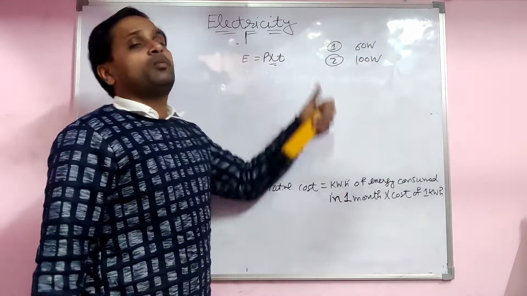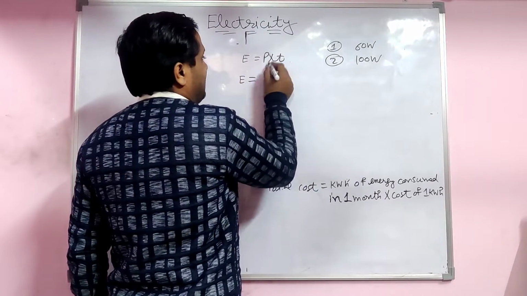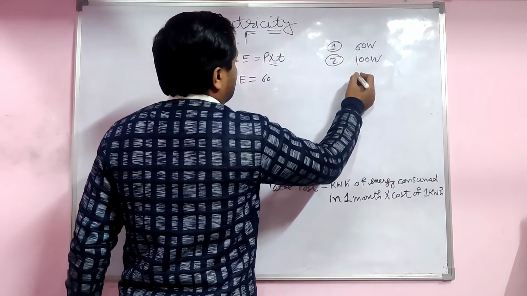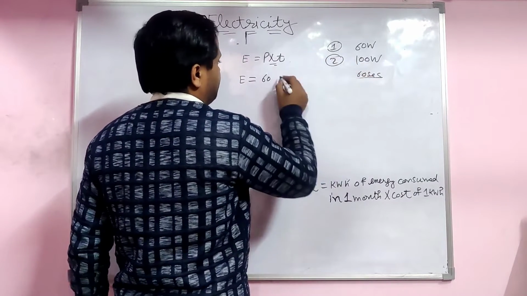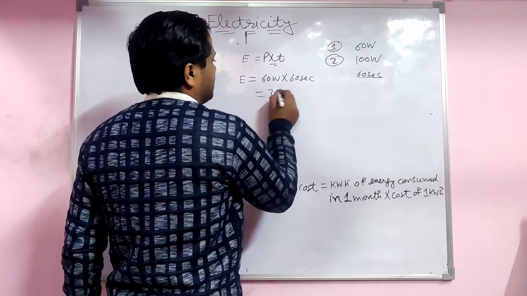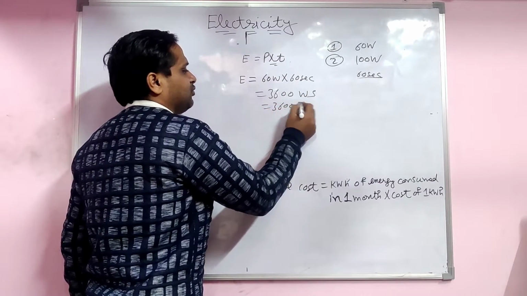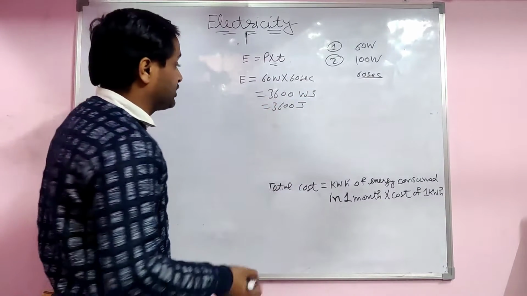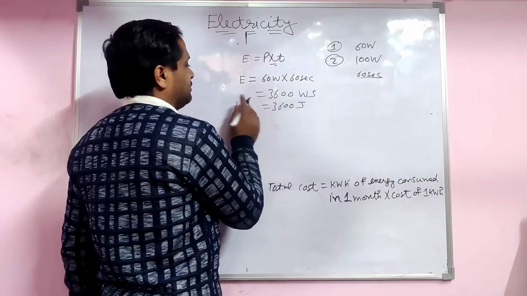Which one consumes more energy? You have to see. For 60 watt, for example, count for 1 minute, so 60 watt into 60 second. The answer comes 3600 watt second, that is 3600 joule. This much energy is produced. You can also write it in kilowatt hour.